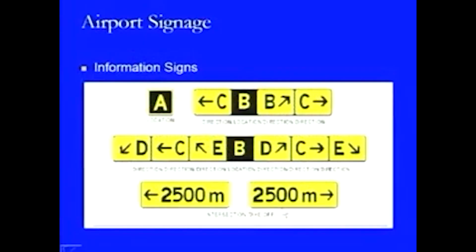Here this information is provided to the pilot, and it defines the intersection takeoff condition. So, this is the intersection takeoff condition at 2500 meters on this side or 2500 meters on the other side.